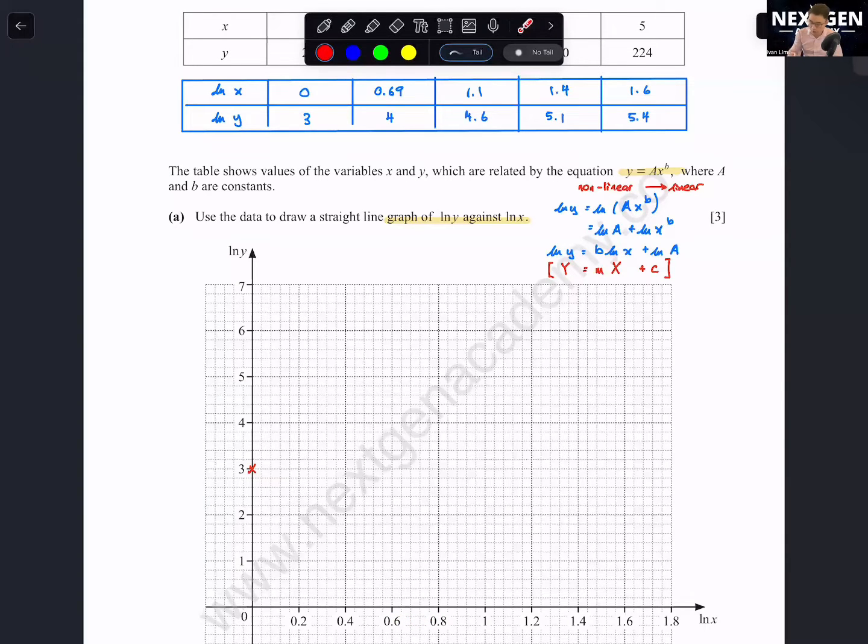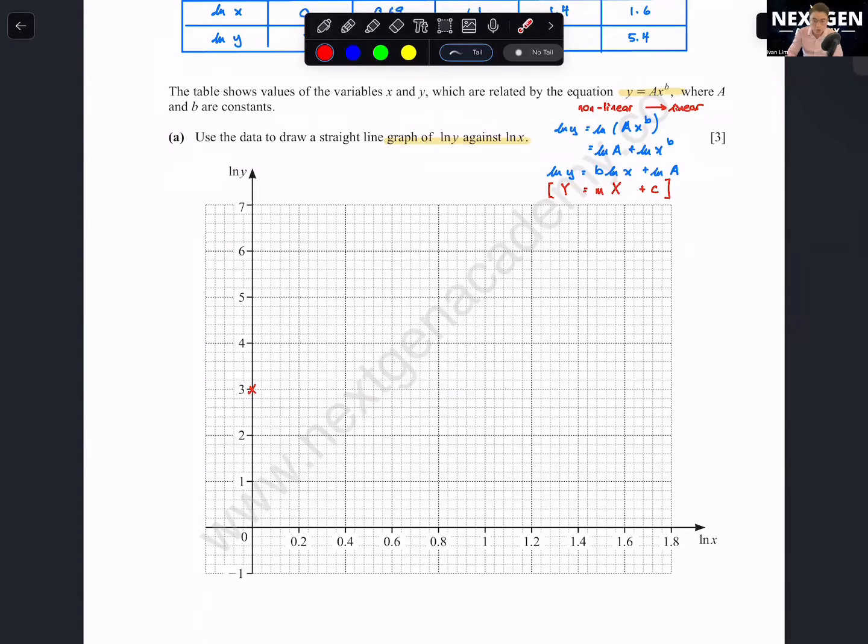For those who don't know how to calculate, this is what you do: 0.5 boxes is equal to 0.2. So one box is equal to 0.4. Make sure you know how to interpret this value here.